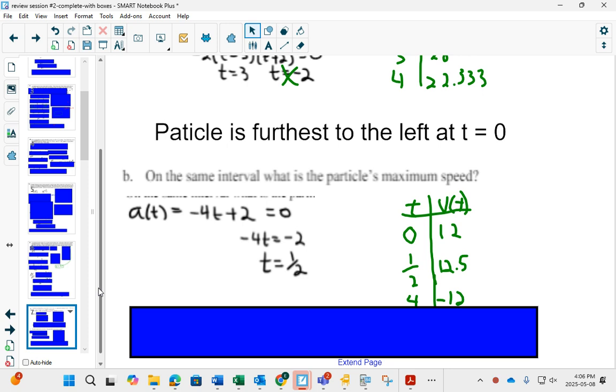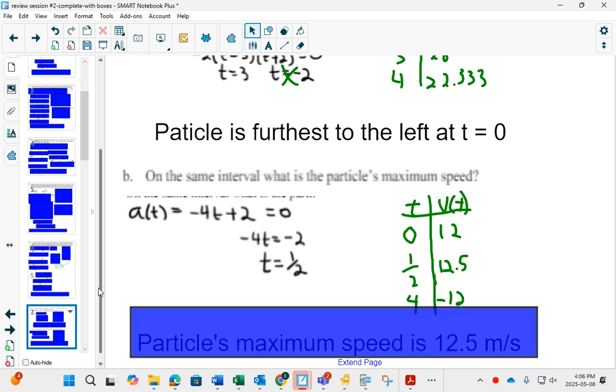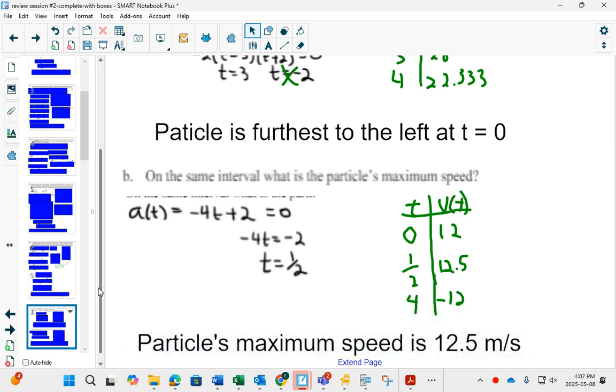At the endpoints of our velocity, it starts at a velocity of 12. Then it changes at 1/2, and at 1/2 it's at 12.5. And at 4 it's at -12. The particle's maximum speed is 12.5.